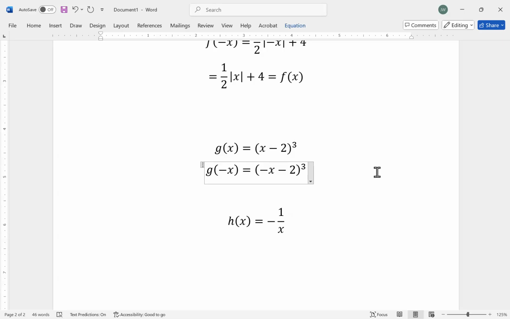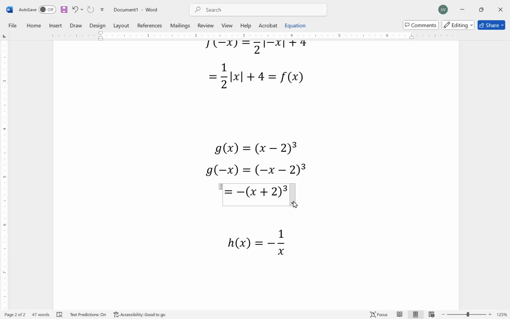But also, if I had factored out a negative, I would have had to factor it out of both the x and the negative 2. So I would have gotten negative x plus 2, cubed.